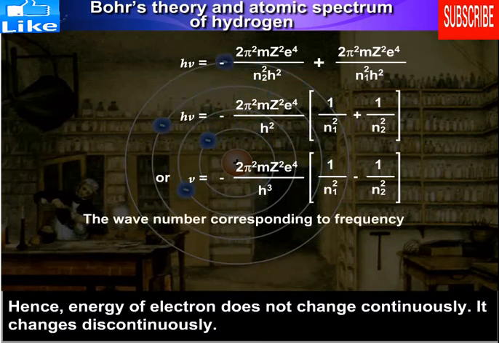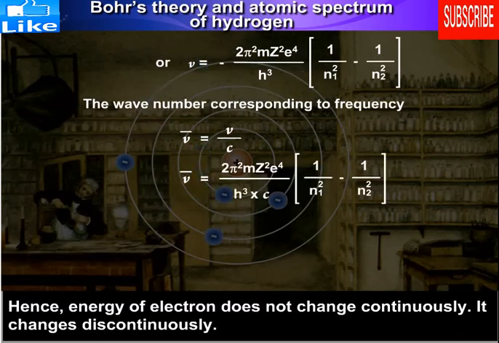The wave number corresponding to frequency, v bar equals v upon c. So v bar equals 2 pi square m into z square into e raised to 4 upon h cube into c into bracket 1 upon n1 square minus 1 upon n2 square, bracket complete.